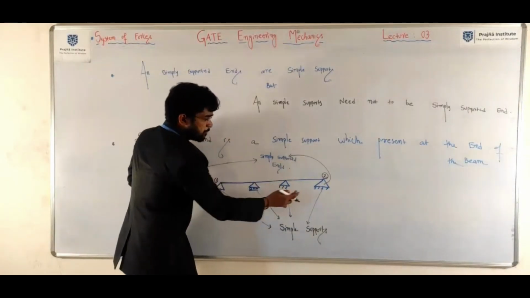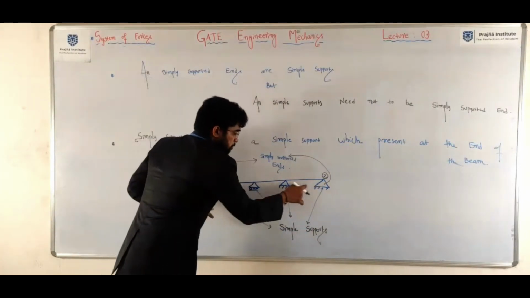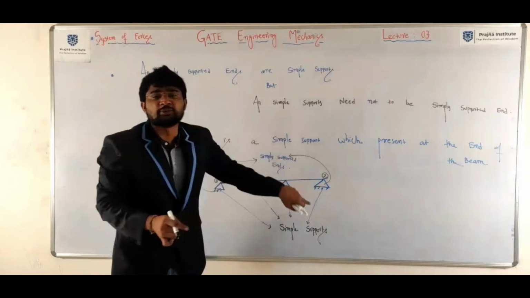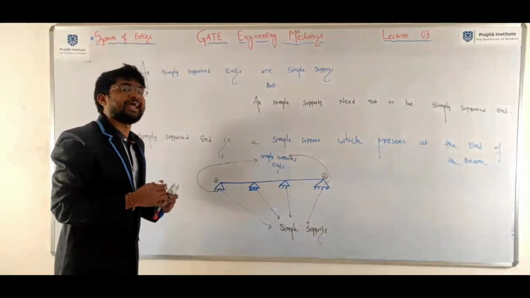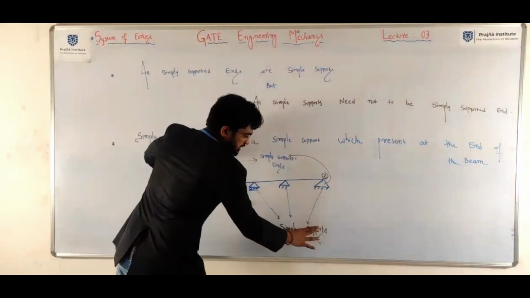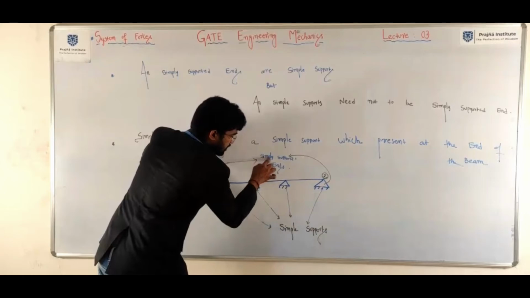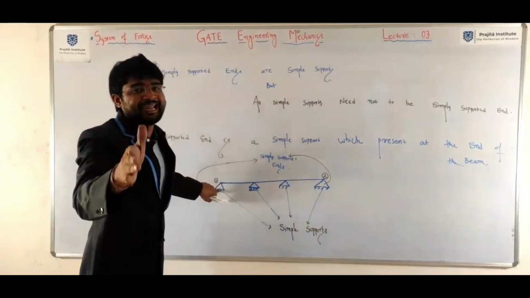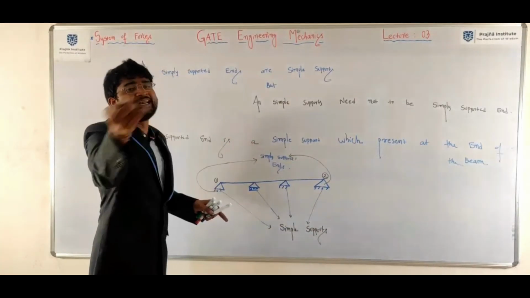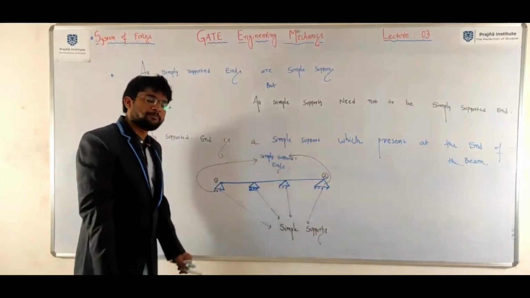All simply supported ends are simple supports, but all simple supports need not be simply supported ends. Clear na?